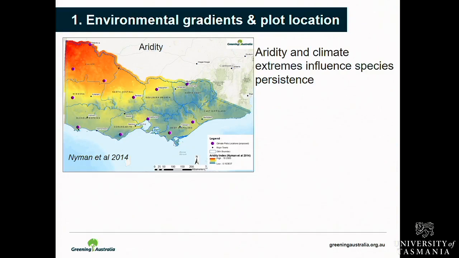Firstly, if we're looking at environmental gradients and where to locate the plots, this is an aridity gradient across Victoria, and if we had 12 plots across Victoria, we could hopefully sample all of these different aridity gradients.